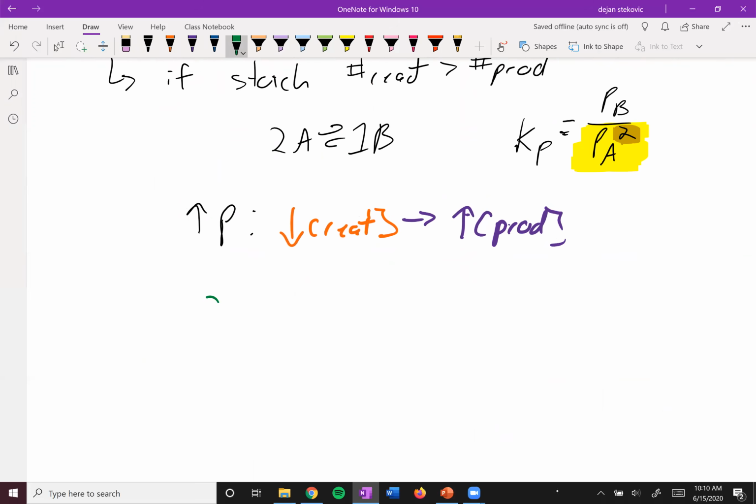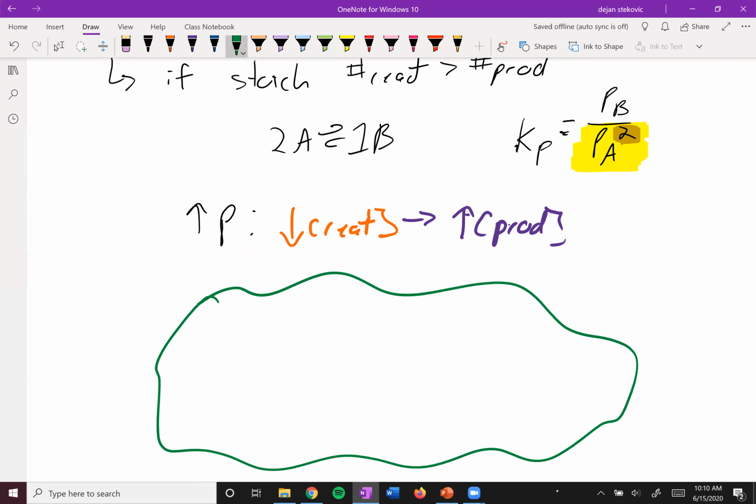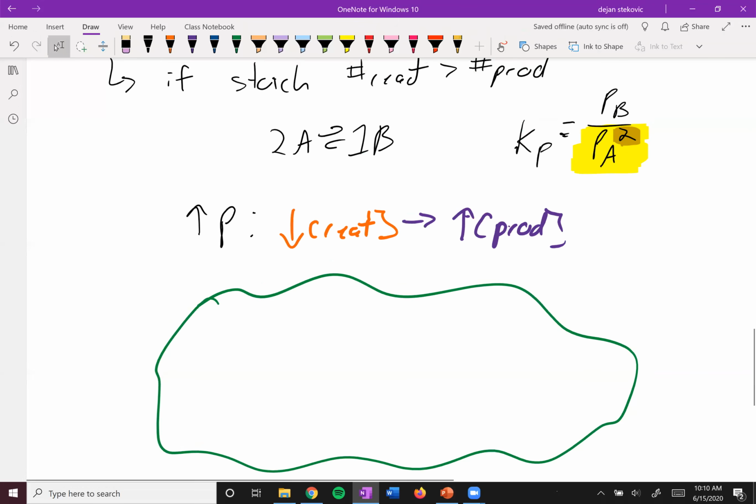So you can think about it in terms of math. There's also, if you reason through it in your head, an easier way to think about it. As we increase pressure or decrease volume, they're the same thing, we have less room for stuff.